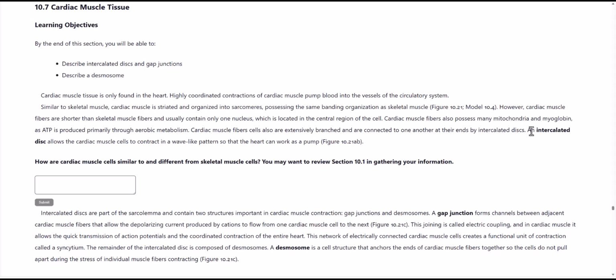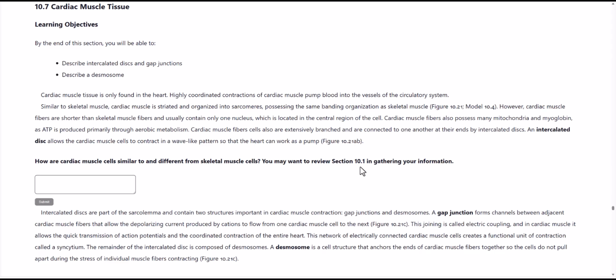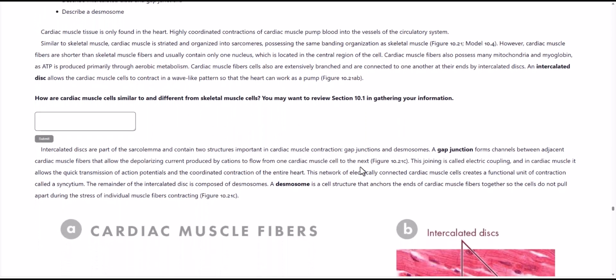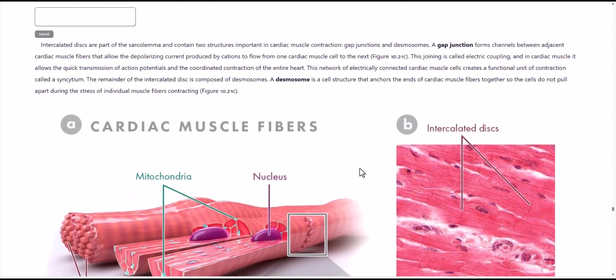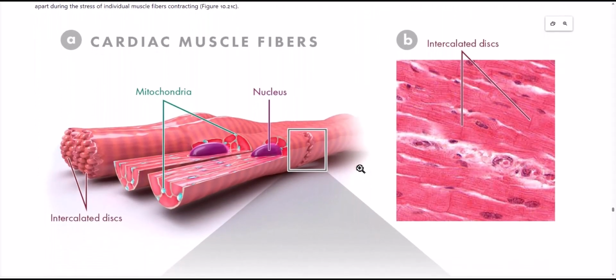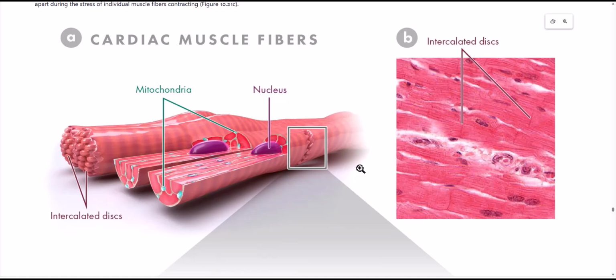And finally, you know that in cardiac muscle cells, there are these things called intercalated discs, and you'll understand a little bit better today why those little discs are important in the work that the heart does. So let's talk about those intercalated discs. Let's take a look quickly at a cartoon of cardiac muscle fibers.